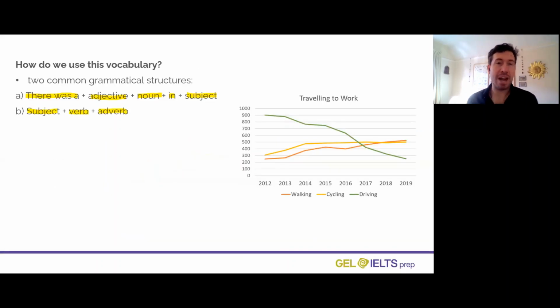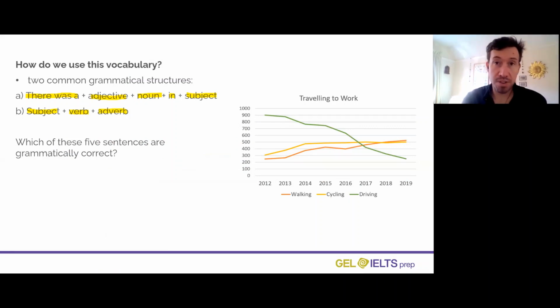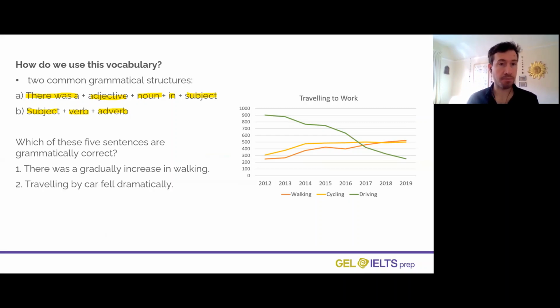Now we're going to have a little bit of practice with these structures. Have a look at question 1 in the activity below the video. And I want you to answer which of these 5 sentences are grammatically correct. There was a gradually increase in walking.